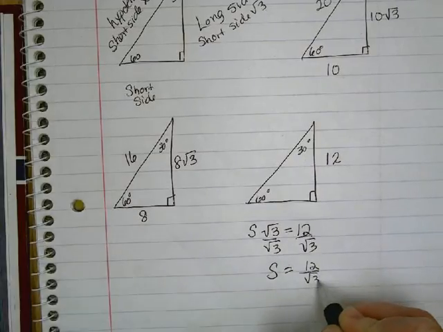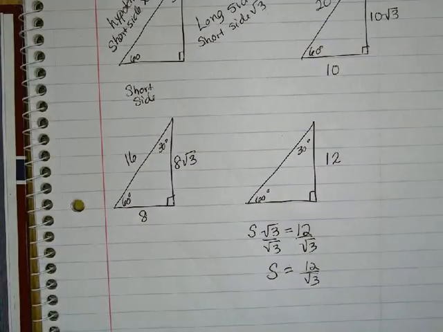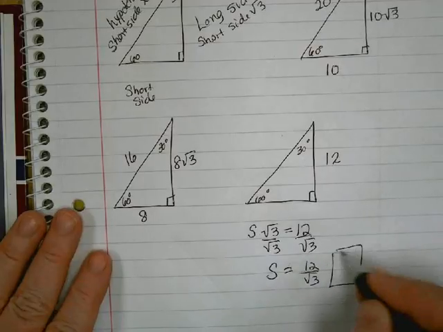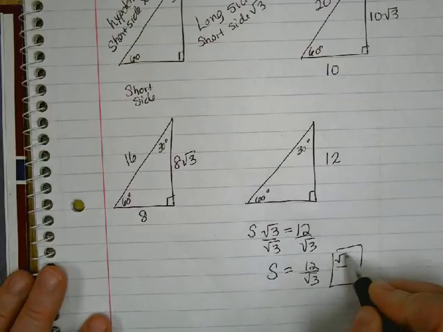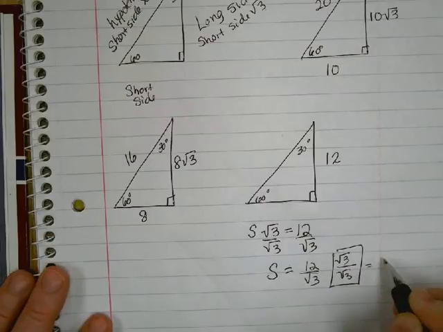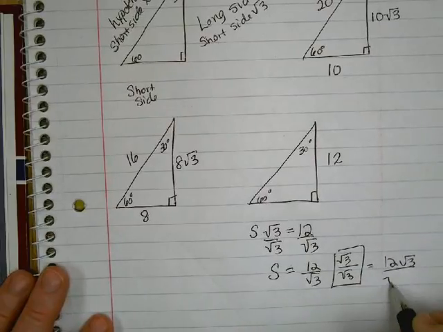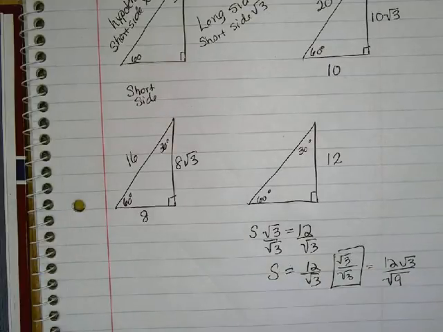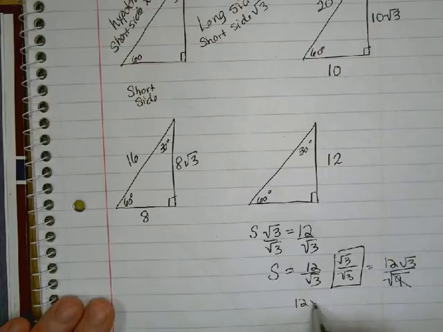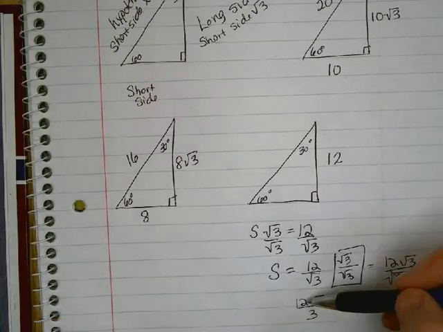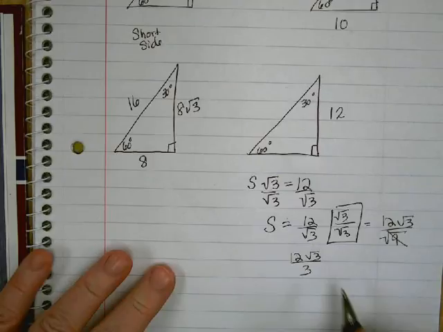But you can't leave it like that. You got to multiply by some version of 1 to rationalize that denominator. So this is 12 square roots of 3 over the square root of 9. 9 is 3, right? So this is 12 square roots of 3 over 3. The 12 and the 3 will simplify, and you'll get 4 square roots of 3.